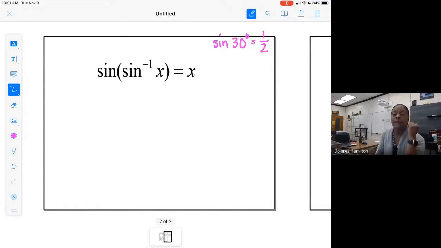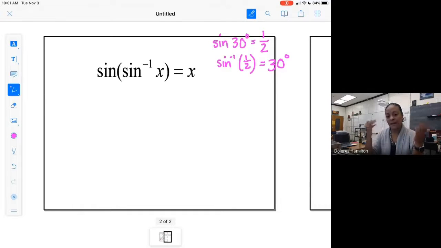All right, if I know that sine of 30 degrees is 1/2, I also know that inverse sine of 1/2 is 30 degrees. And that, again, is us playing around with the fact that for every (a, b), the inverse contains the point (b, a). Never mind that we are restricting our values for sine to -90 to 90. That's not relevant right here.